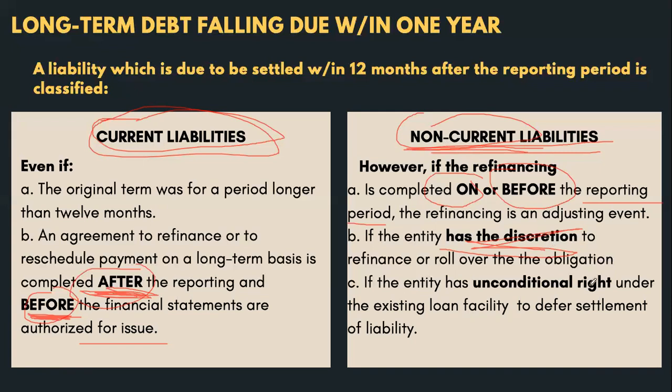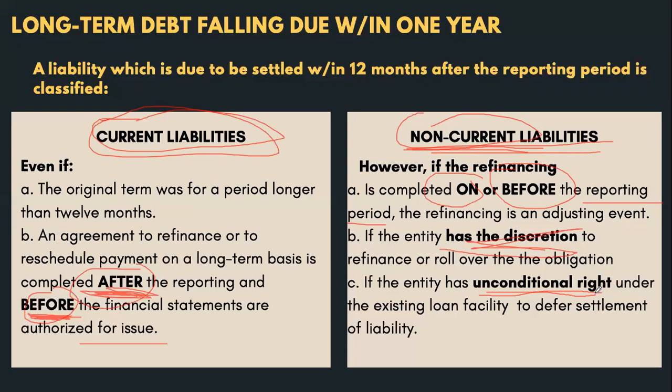Okay. Last is if the entity has unconditional right. Di ba? If the entity has unconditional right under the existing loan facility to defer settlement of liability. Take note kagaina under PAS 1, di ba? Current liability siya if the entity has no unconditional right.